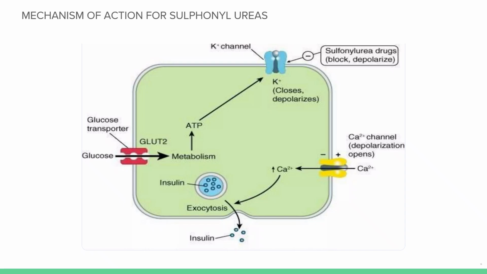Depolarization involves the entry of calcium that will result in exocytosis where the insulin will be released from its vesicle, and this will activate the response of insulin, and the insulin related responses will be characterized as a result of the binding of sulfonylurea to its receptor.